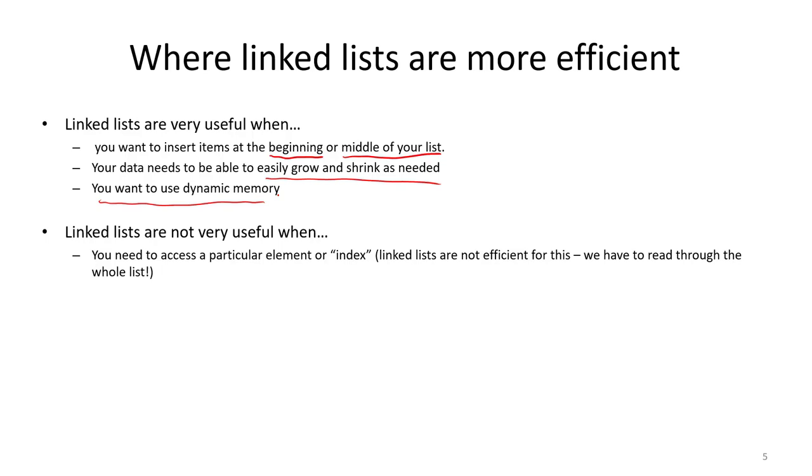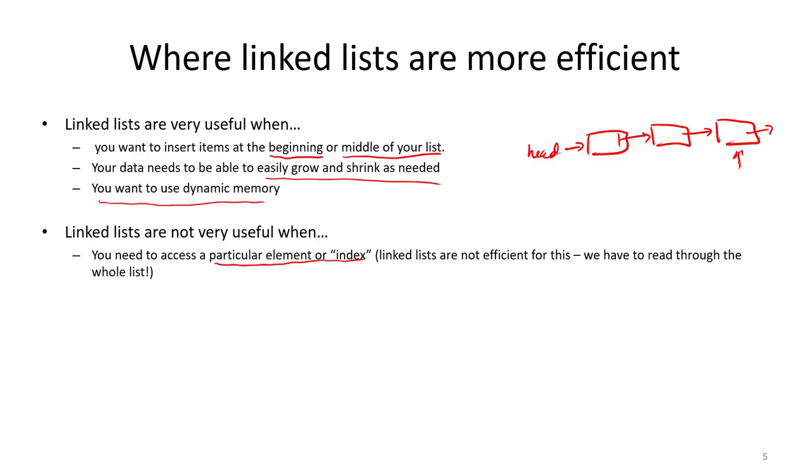In the case of linked lists, their big disadvantage is that linked lists are not as efficient if we want to access a particular element in our list, because we have all these nodes connected by pointers.